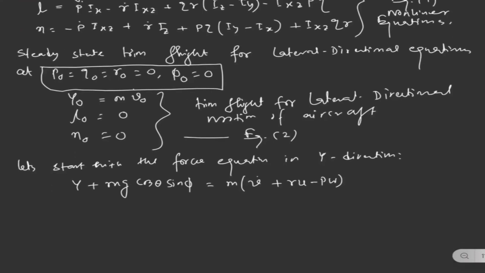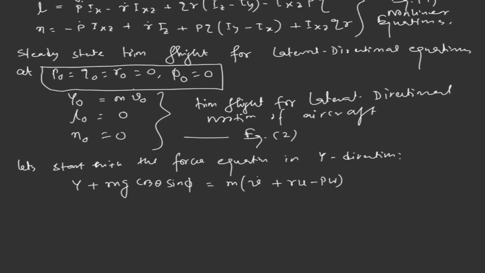Now we'll include the perturbation to this system. If you consider, there are 2 components in each variable. One is the reference value, another is the perturbed variable.